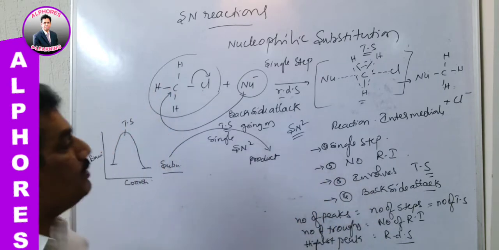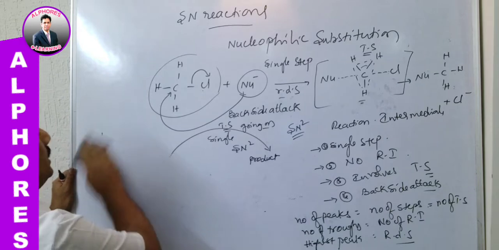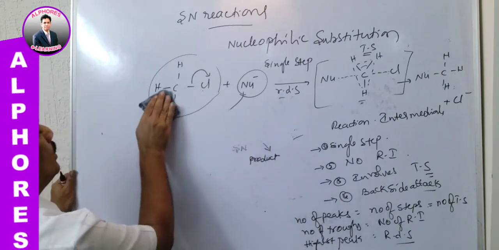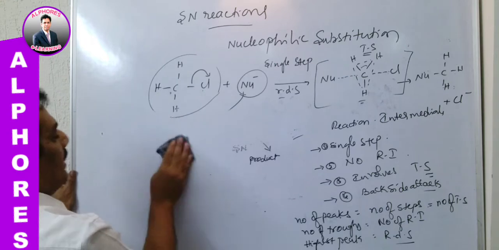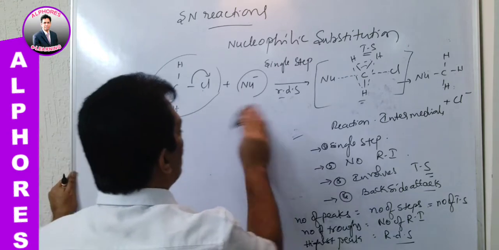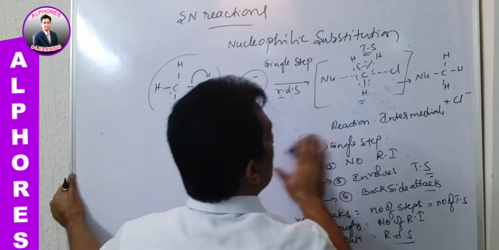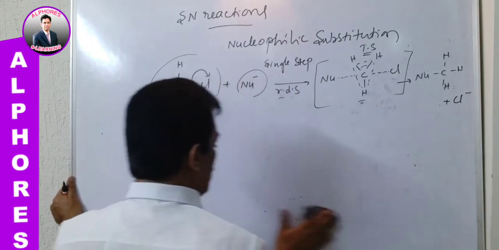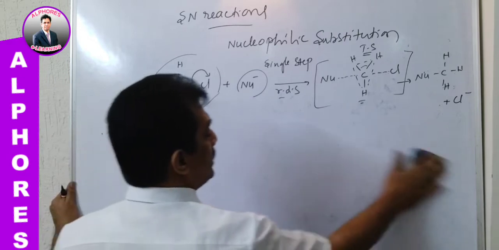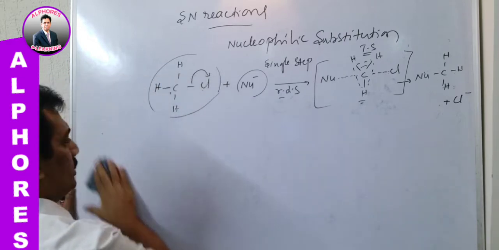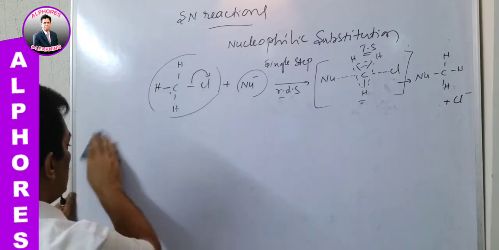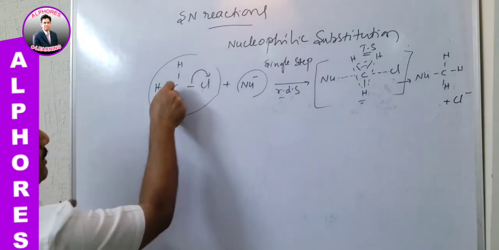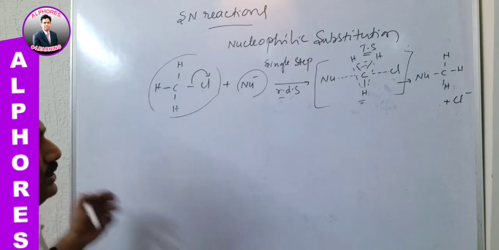Now, the last part of this mechanism is stereochemistry. These alkyl halides that we have been considering till now are saturated compounds. How can we identify the saturation? The carbon is bonded with 4 single bonds, so it is saturated.